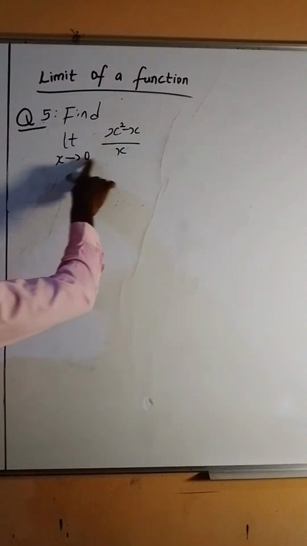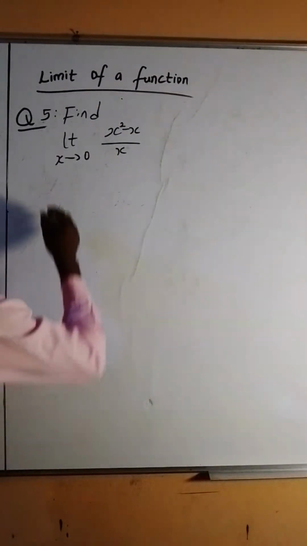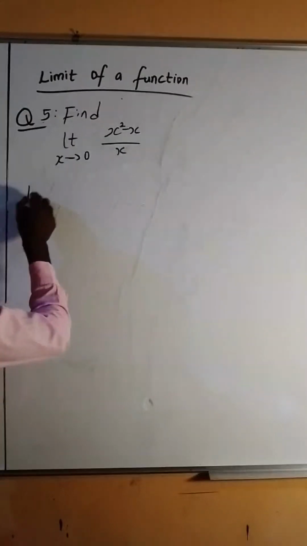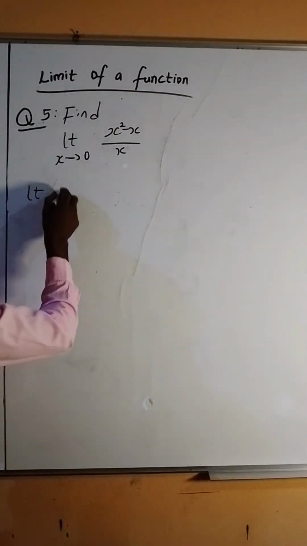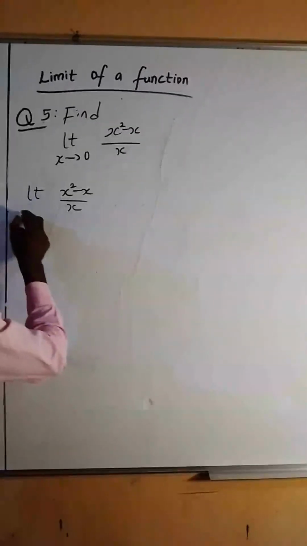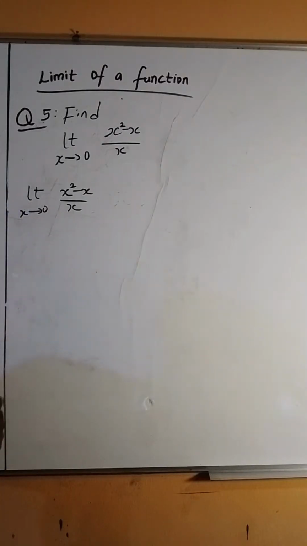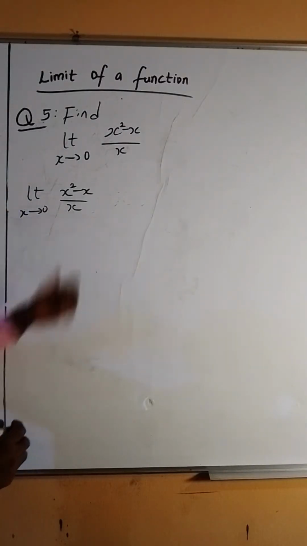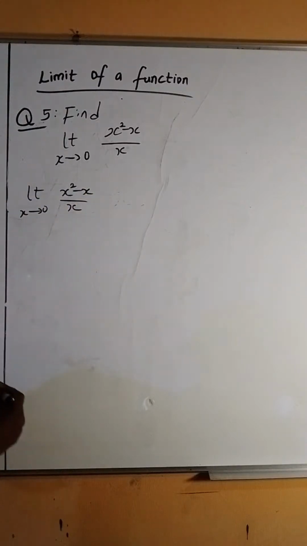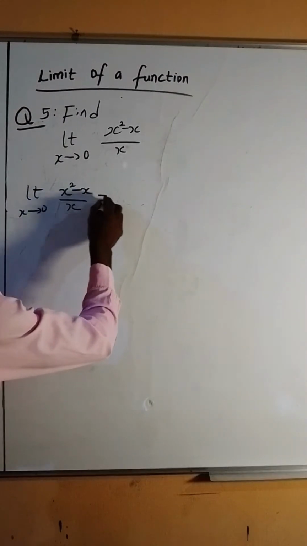Same thing, if you substitute 0 here, the function will be meaningless and undefined. So we are going to have x squared minus x over x as x approaches 0. We are going to factorize the numerator.